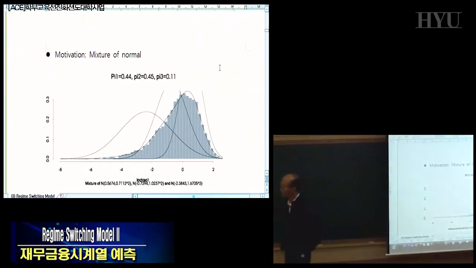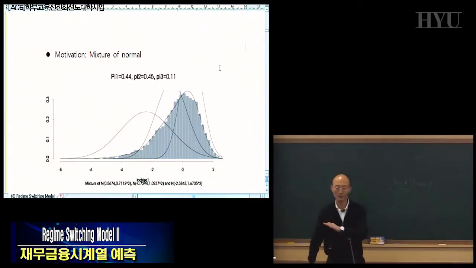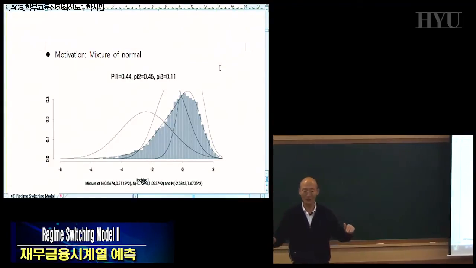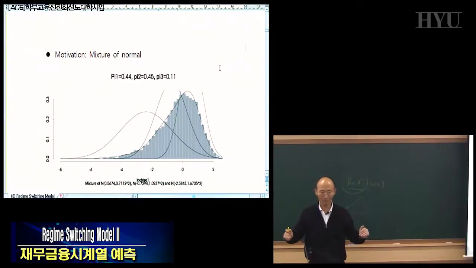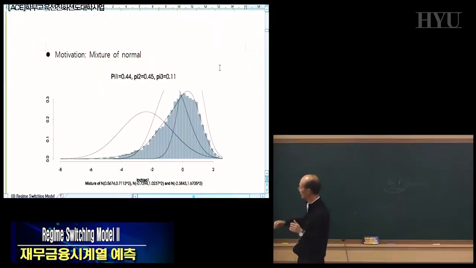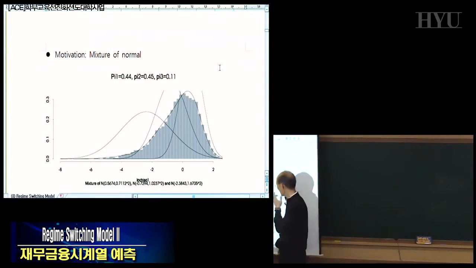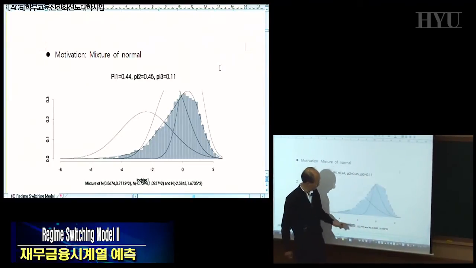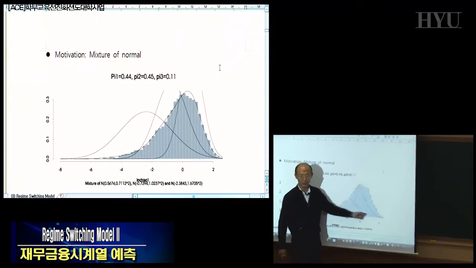But in general, if we are given some numbers, like the distribution of, let's say, GDP growth rate, it may or may not look like normal, right? But we suspect that this might be the case. The reason being, sometimes you see most of the mass lies here, in this area.